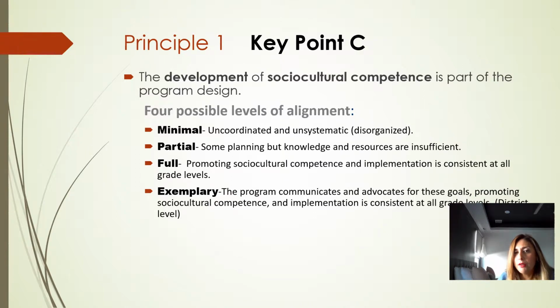It'll be considered full alignment if it's promoting sociocultural competence and implementation is consistent at all grade levels. And of course, the best one would be exemplary, where the program is truly communicating and advocating for the goals and promoting sociocultural competence, and implementation is consistent at all grade levels, meaning it has reached the district level.